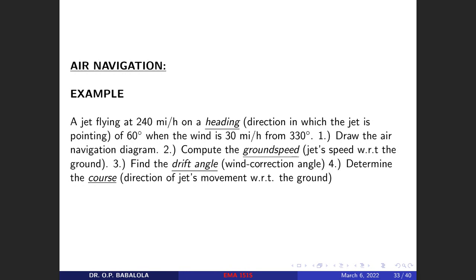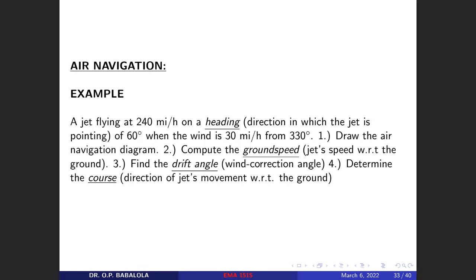When you have a jet which is taking off, it goes up. It doesn't go up vertically. It goes up at an angle. And that's what heading means, the direction in which the jet is pointing, of 60 degrees, when the wind is 30 miles per hour from 33 degrees.